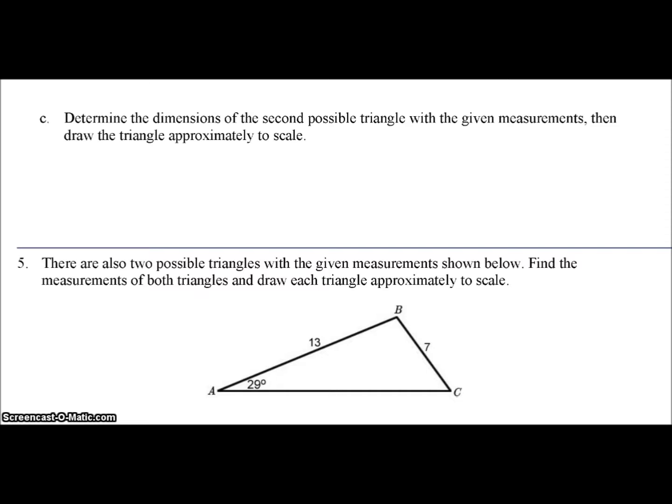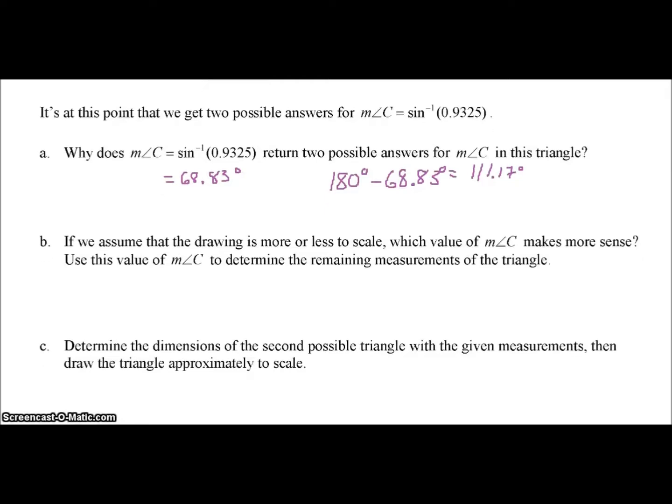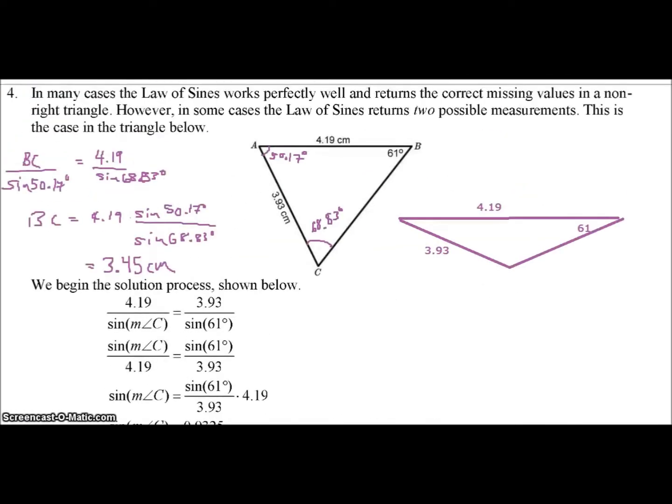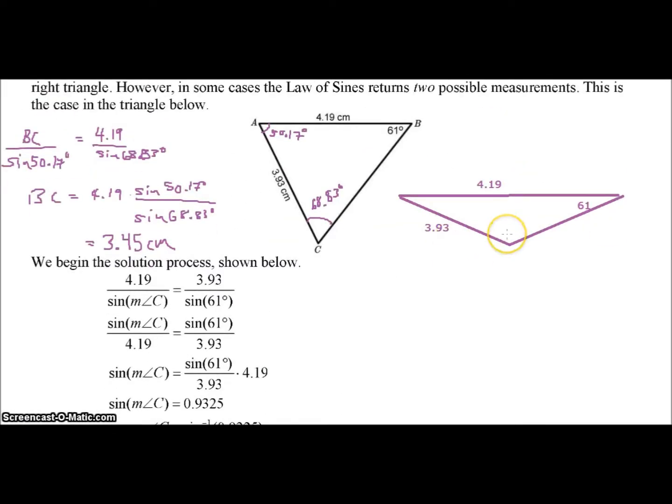Determine the dimensions of the second possible triangle with the given measurements, then draw the triangle approximately to scale. Alright, so that second possible triangle had 117 degrees here.